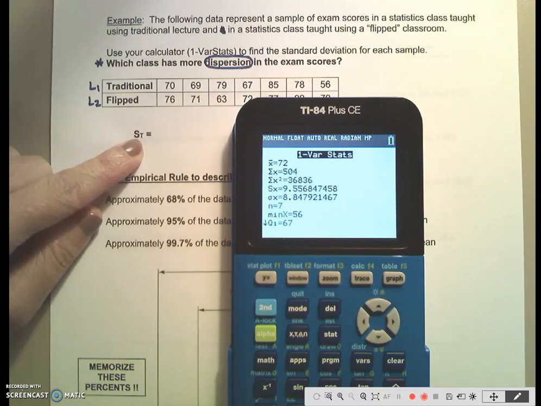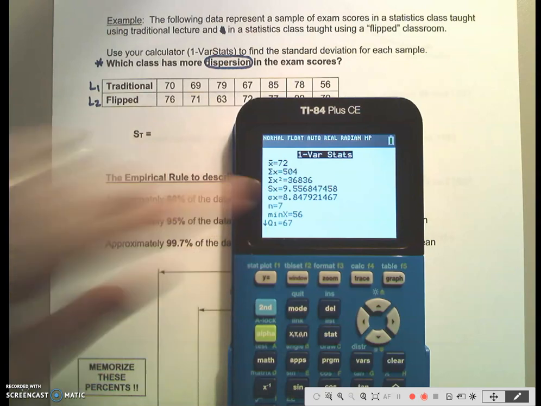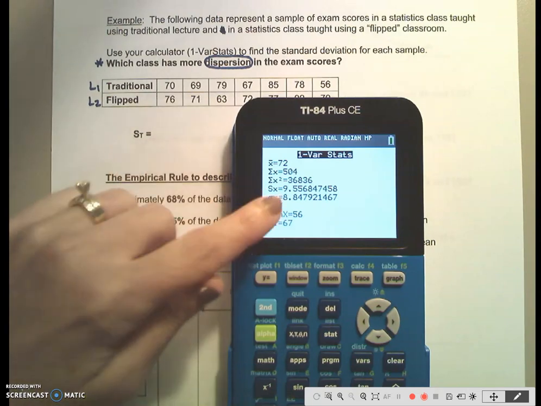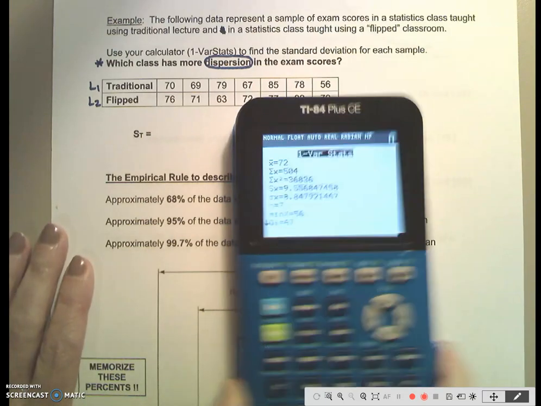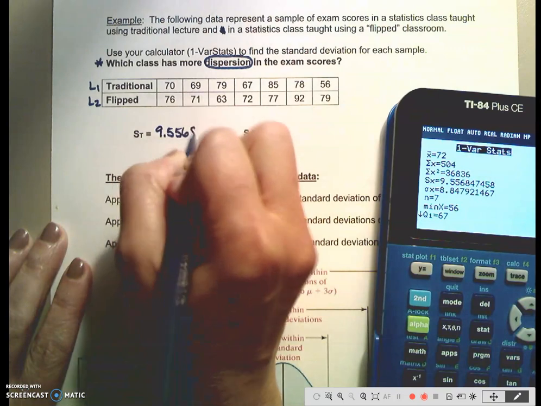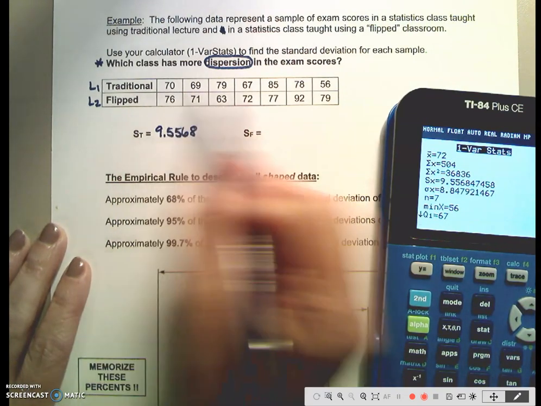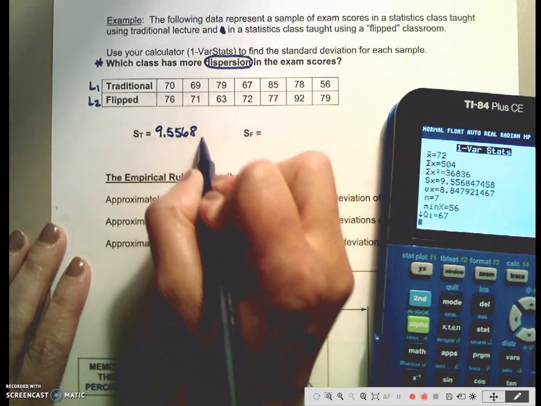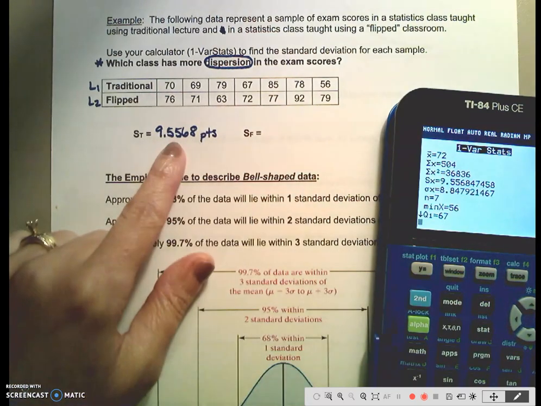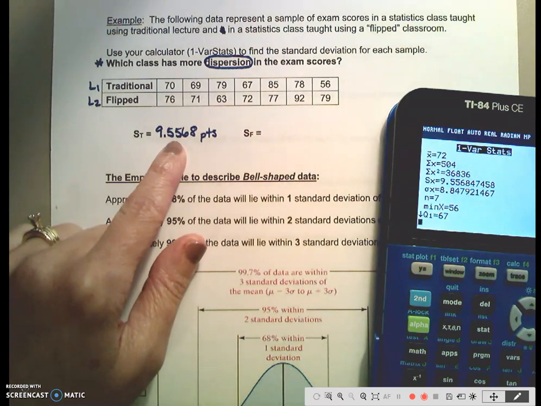And because it's a sample, we want to look at S. So I'm just going to write out maybe 3 or 4 digits. 9.5568. And that would be points because these grades are done in points. So that would be how much spread there is in the points, 9.5 points.